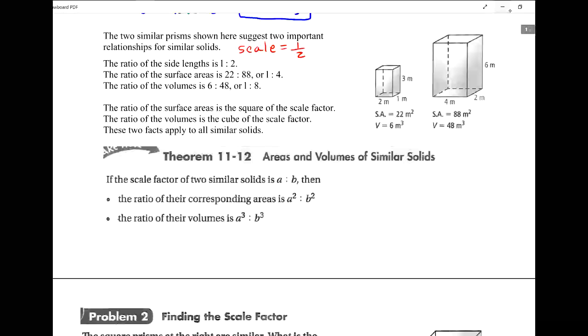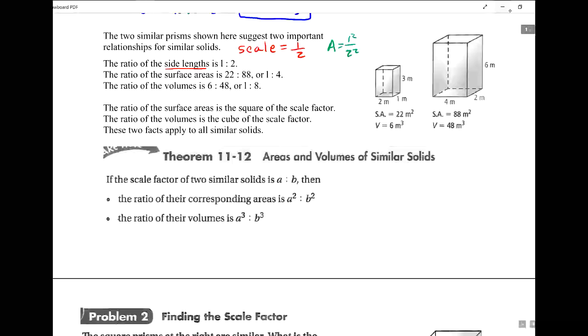And that also tells us that our side lengths are 1:2. And we learned previously that our area ratio is our scale squared, right? Or our perimeter, our length ratio squared.